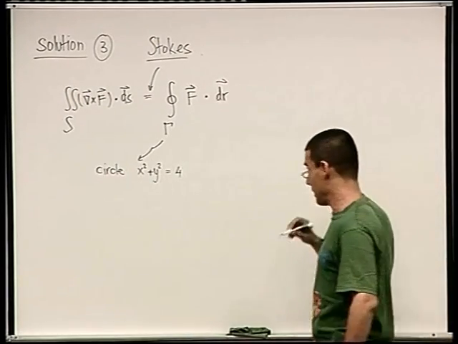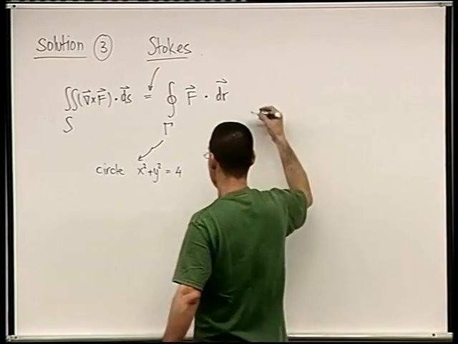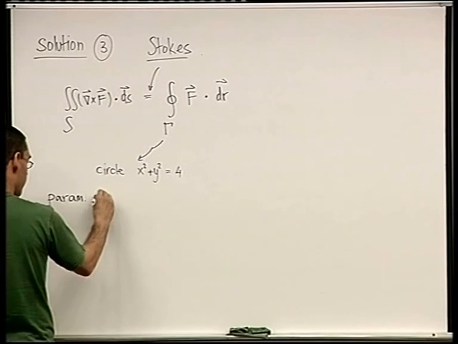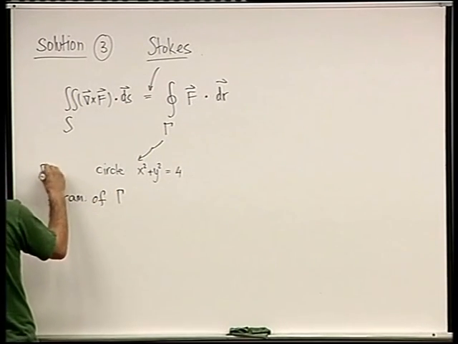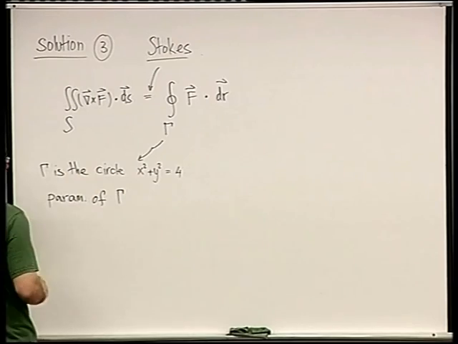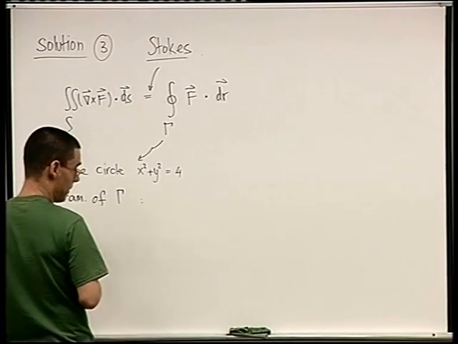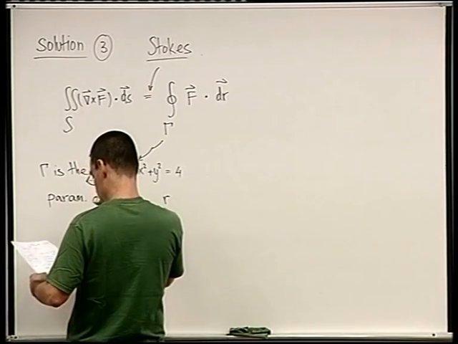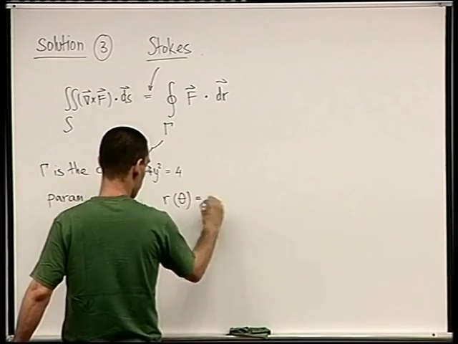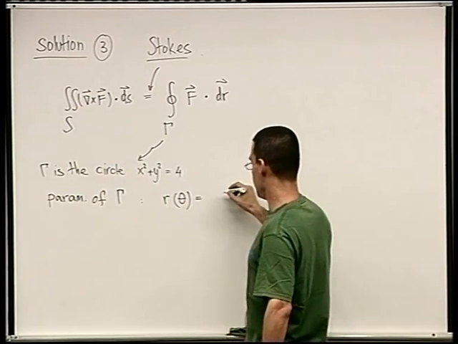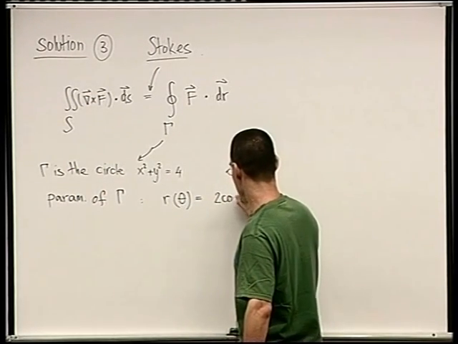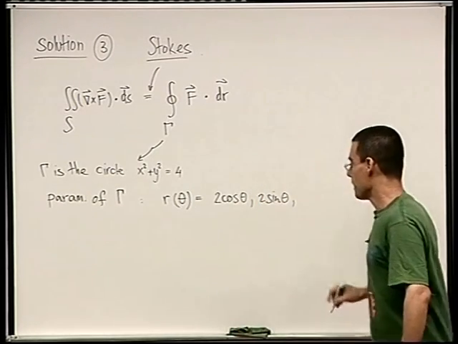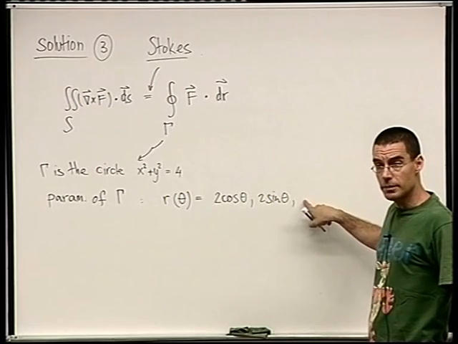So let's parameterize gamma. Gamma is the circle. Did I use t or theta? Theta. R of theta equals 2 cosine theta, 2 sine theta, and what is the z component? 0.